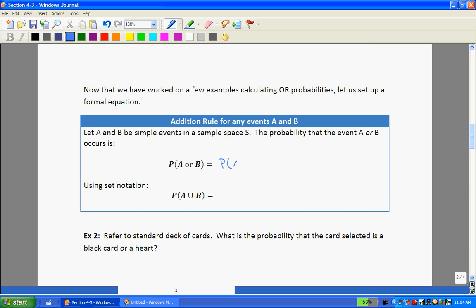We added what was going on with the first event, and we also were adding what was going on with the second event, but really we had to subtract off when A and B occurred at the same time. So our formula becomes P of A plus P of B minus P of A and B.